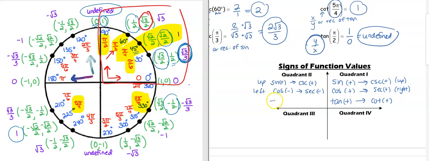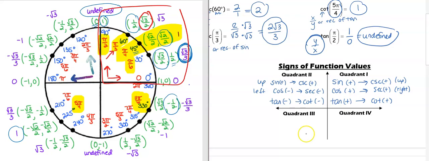Now we think about tangent. Again, tangent is that y over x. So if I have a positive divided by a negative, my tangent and my cotangent are going to be negative. And we can see that in our unit circle over here to the left, all of my x's are negative, all of my y's are positive, and all of my tangents are going to be negative.